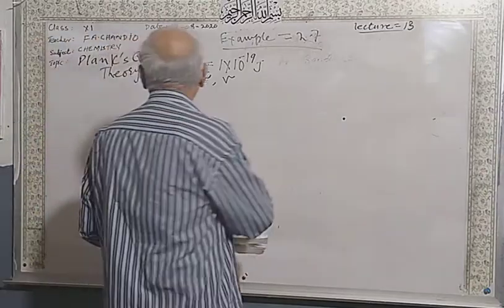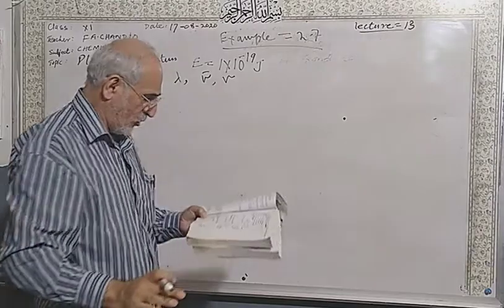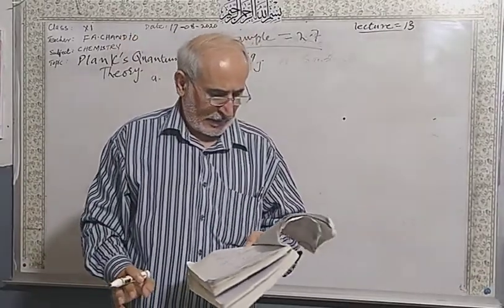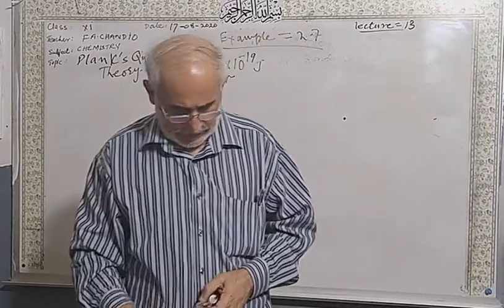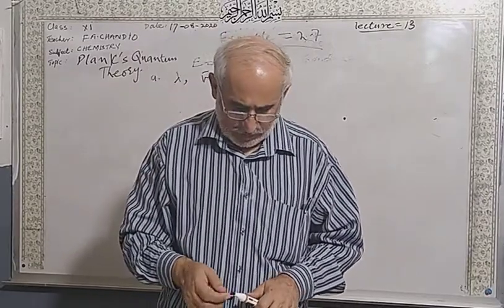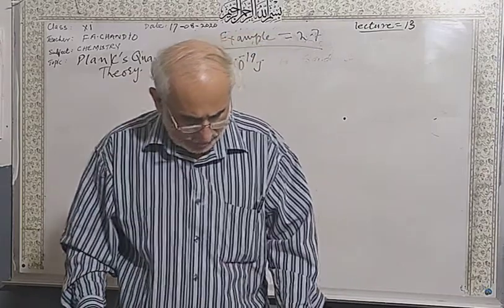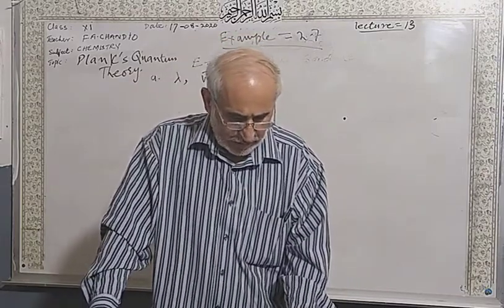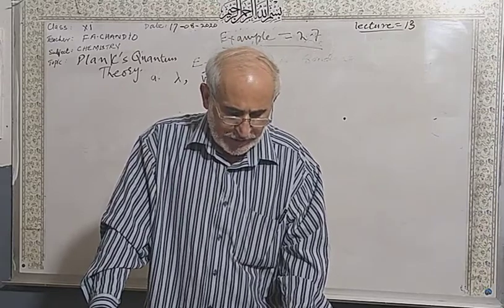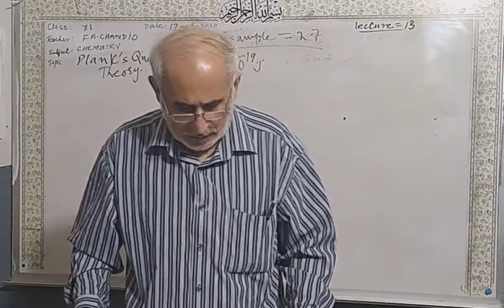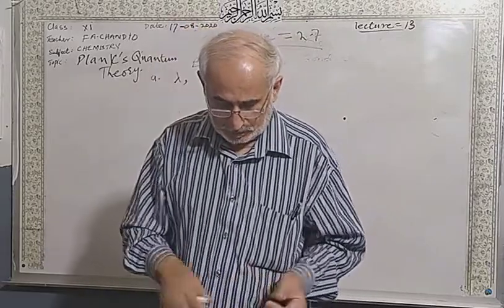You have to calculate these three: wavelength, wave number and frequency. The unit of frequency is cycles per second, which we call hertz, and wavelength is in meters and wave number in per meter respectively. So we have to calculate one by one.